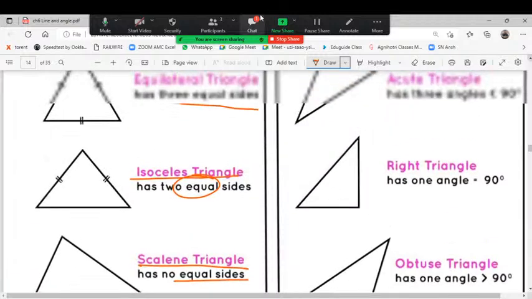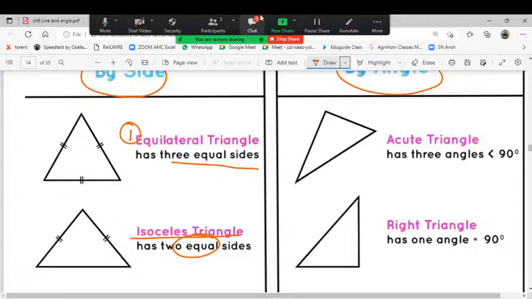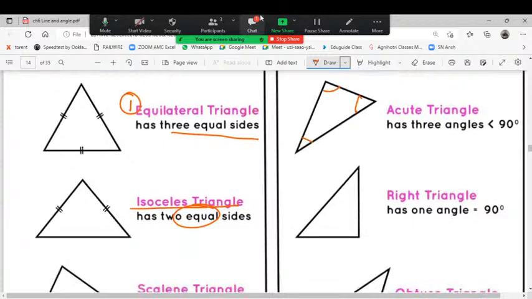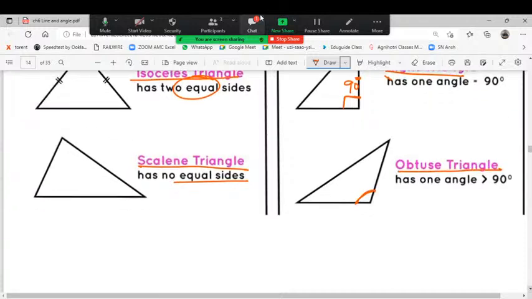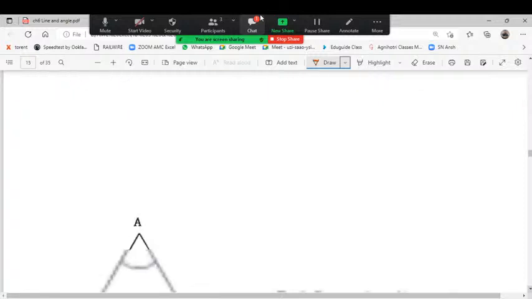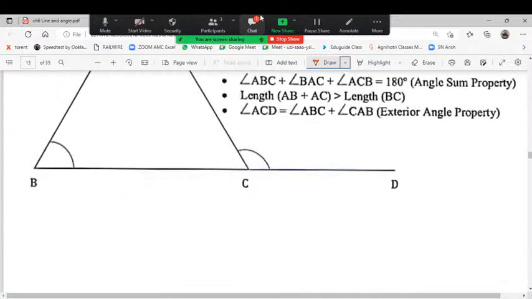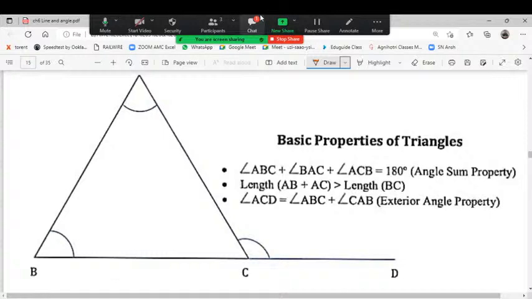By angle, it may be acute if all angles are less than 90. If it has one angle exactly 90, it is a right angle triangle, and if it has one angle greater than 90, it is an obtuse angle triangle. Now, the property of triangles I have already presented: their angles sum up to 180, known as the angle sum property.